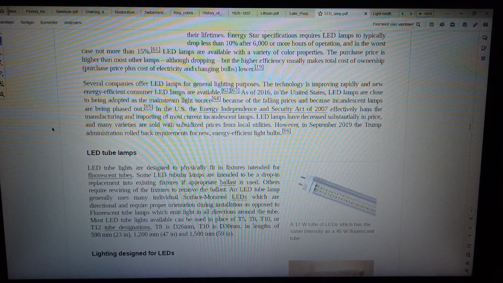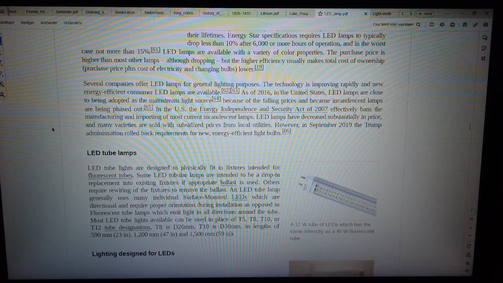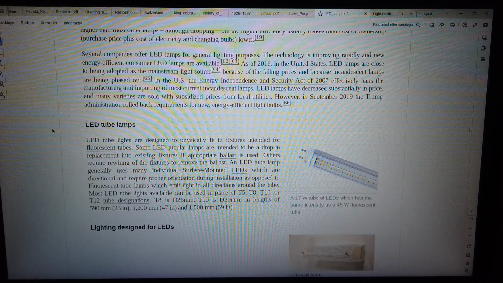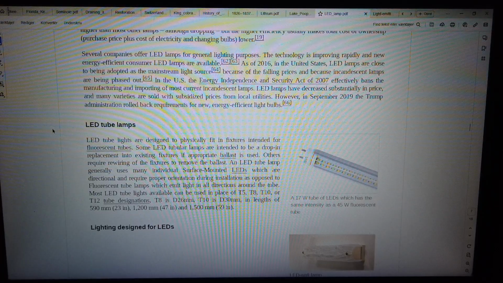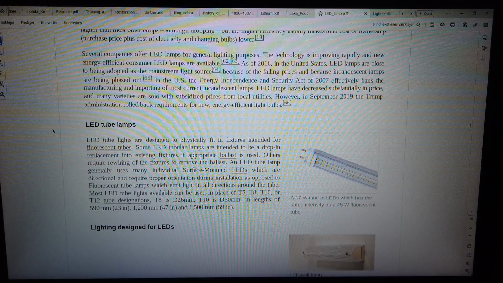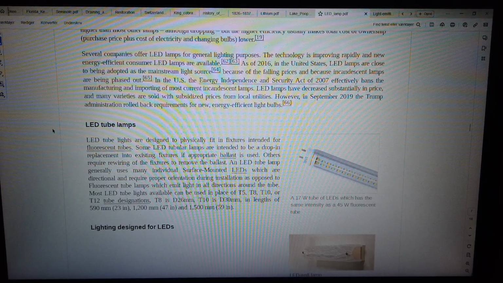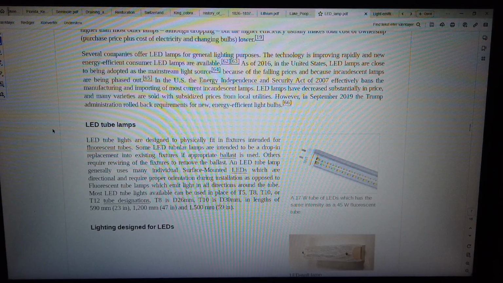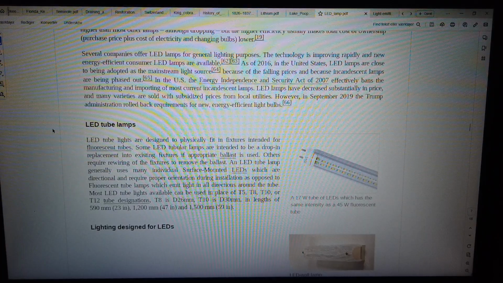Several companies offer LED lamps for general lighting purposes. The technology is improving rapidly and new energy-efficient consumer LED lamps are available. As of 2016, in the United States, LED lamps are closer to being adopted as the mainstream light source, because of the falling prices and because incandescent lamps were being phased out.